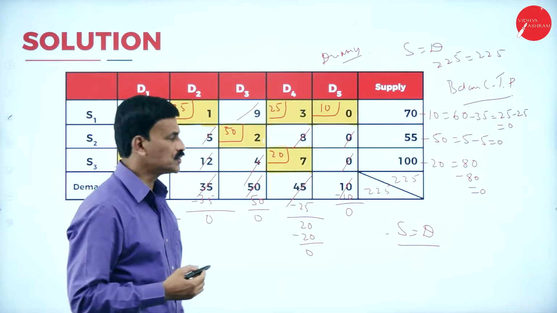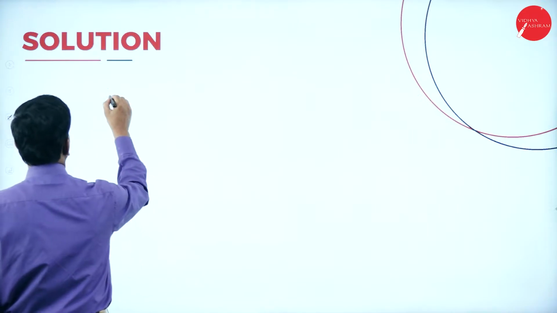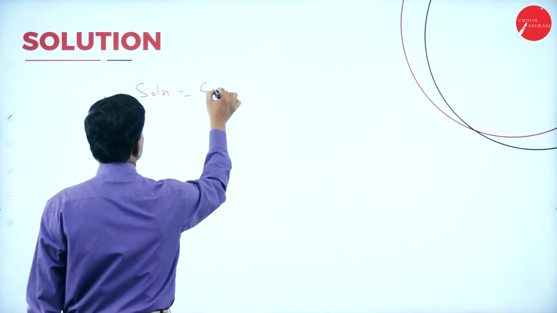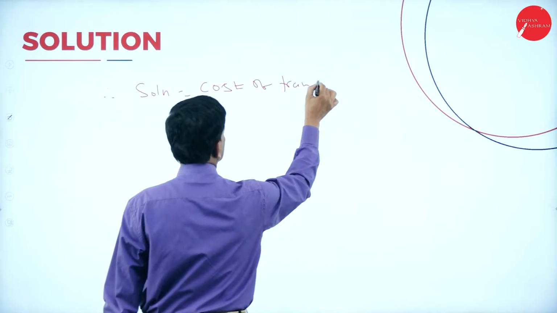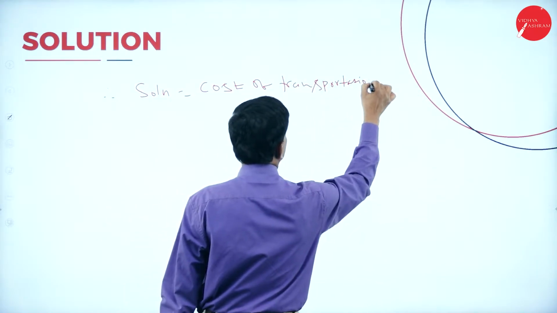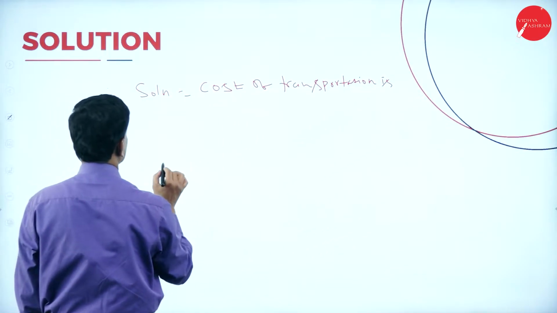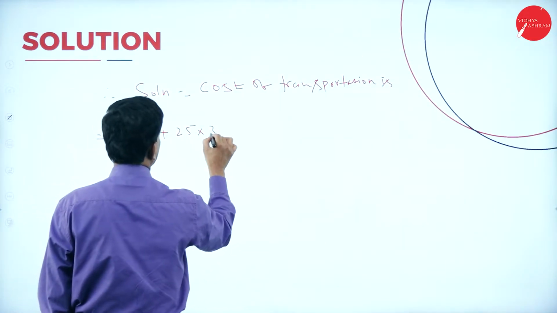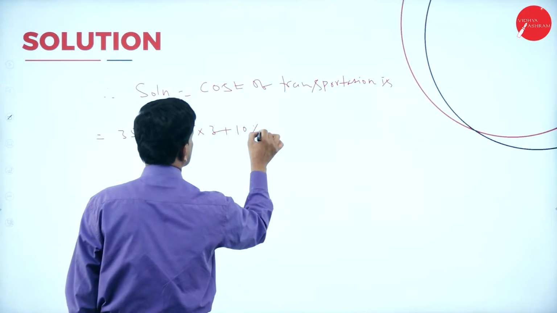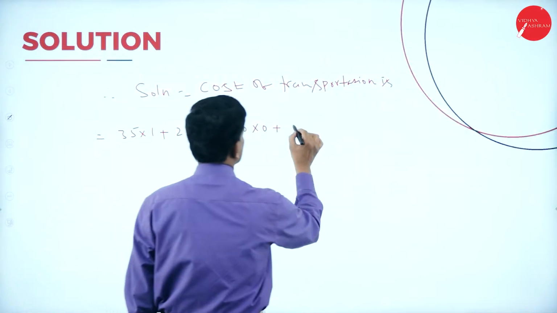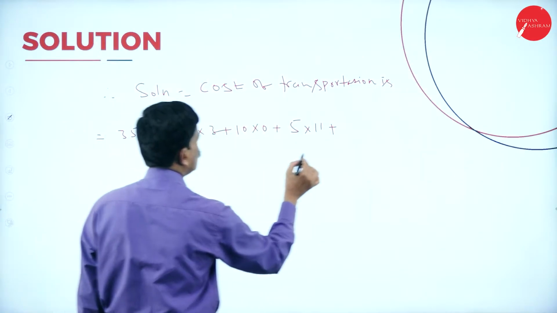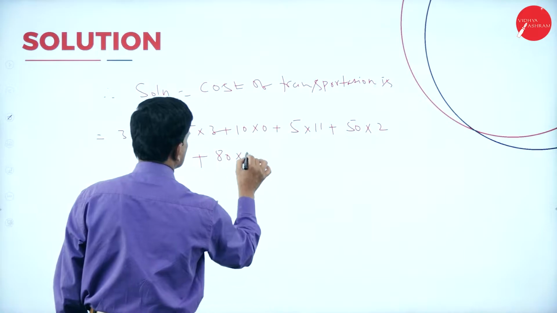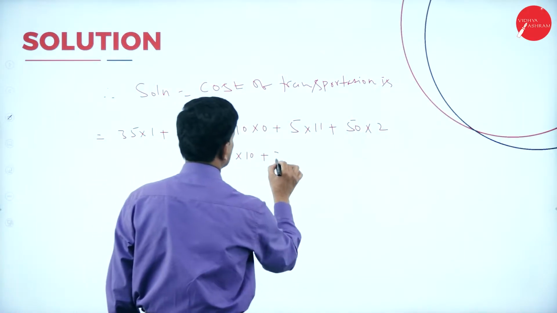Now let us identify the solution. The solution is nothing but the cost of transportation. The solution is nothing but the cost of transportation, which is equal to, just simplify this: 35 into 1 plus 25 into 3 plus 10 into 0 plus 5 into 11 plus 50 into 2, then plus 80 into 10 plus 20 into 7.